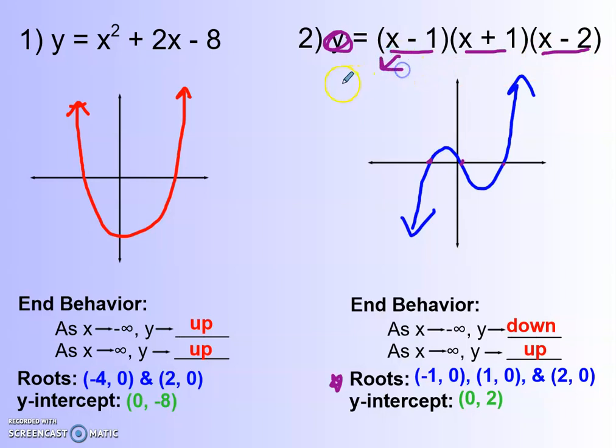You would get x equals 1. And notice I had a root at 1, 0. Here you'd get x equals negative 1. And notice I had a root at negative 1, 0. And finally, when we let y be 0 and we solve, we get x equals 2. And sure enough, look at this. We had a root at 2, 0.